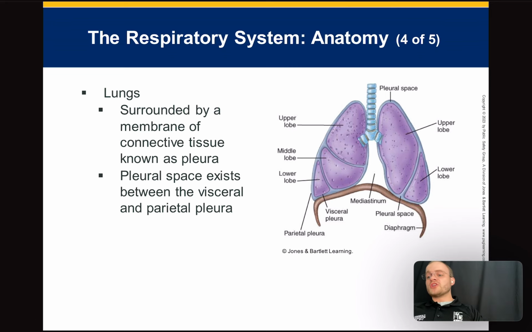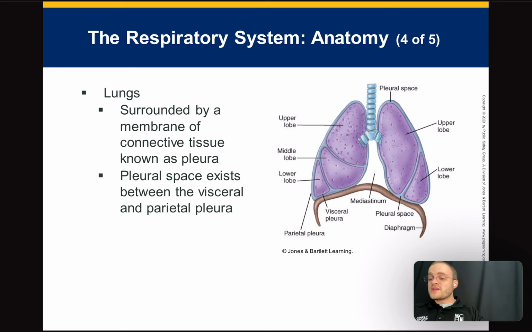Now, the lungs themselves are surrounded by this pleura. And what pleura is, it's thin. Let me start with that. And in there, there's this pleural fluid.